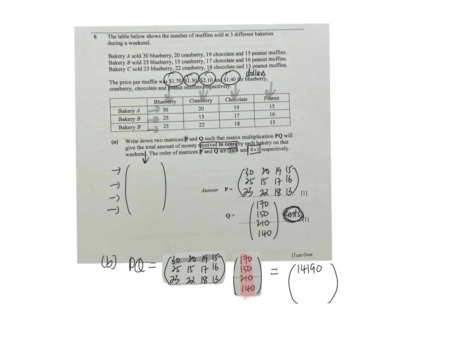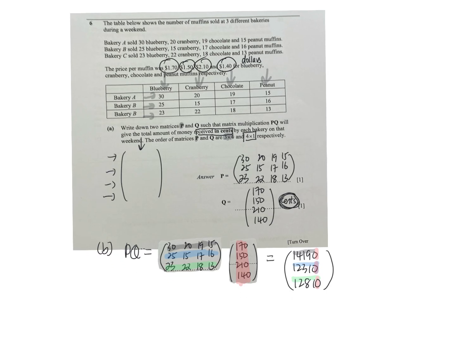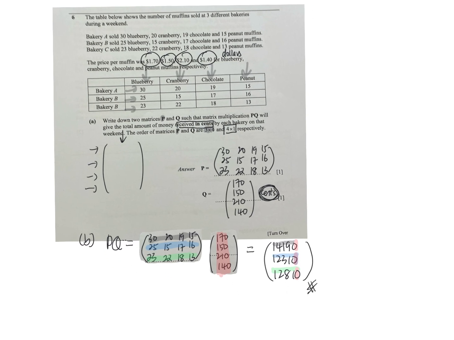This is the black one times the red one. Second one, the blue one times the red. You should end off with 12310. Last one, the green one times the red one. You should end off with 12810. So this is the answer I need to see for part B.